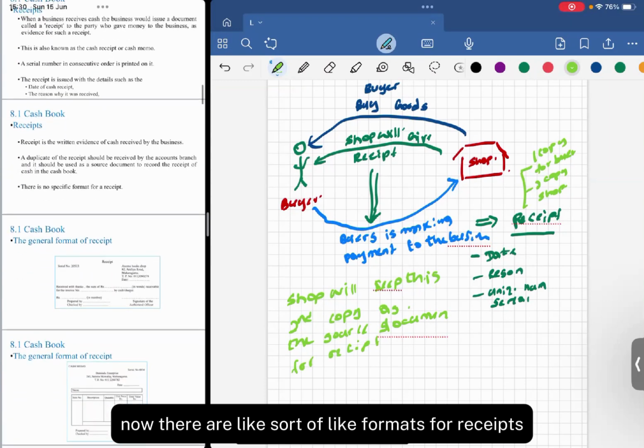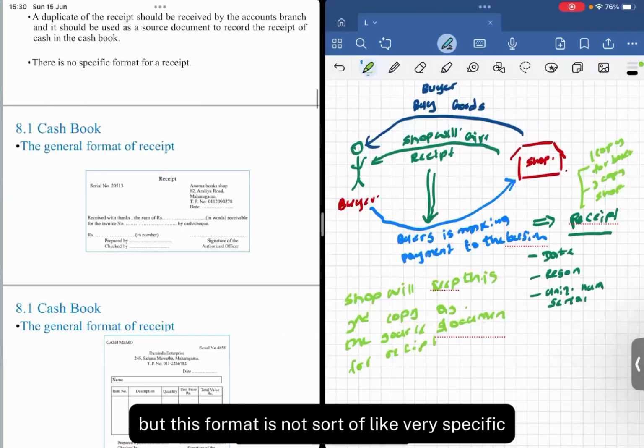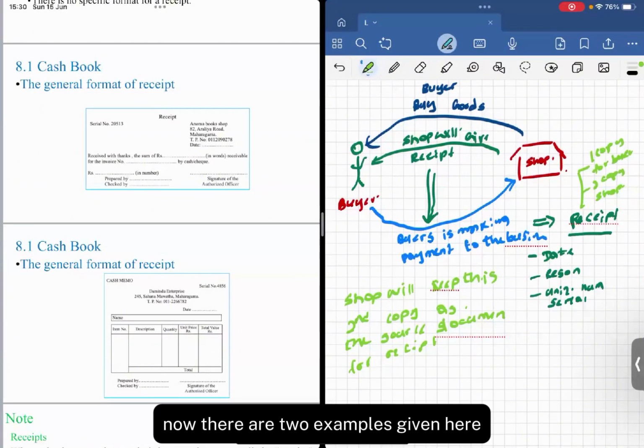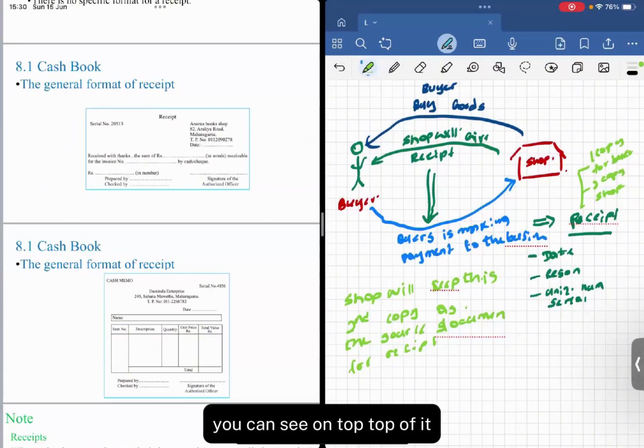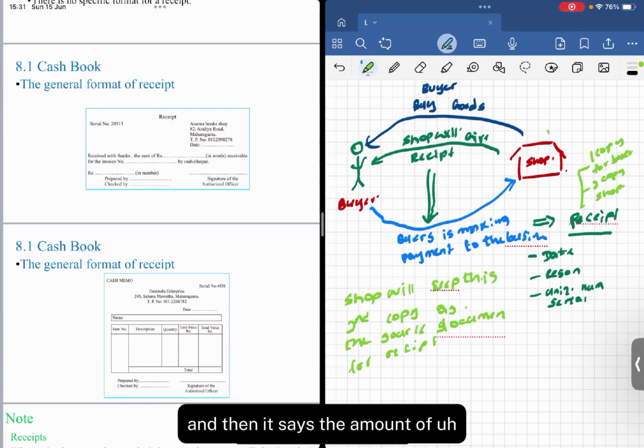Now there are formats for receipts, but this format is not very specific. There are two examples given here. On top, it is mentioned as receipt or cash memo, and then it has the serial number, then the name of the shop, and the amount of money being received.